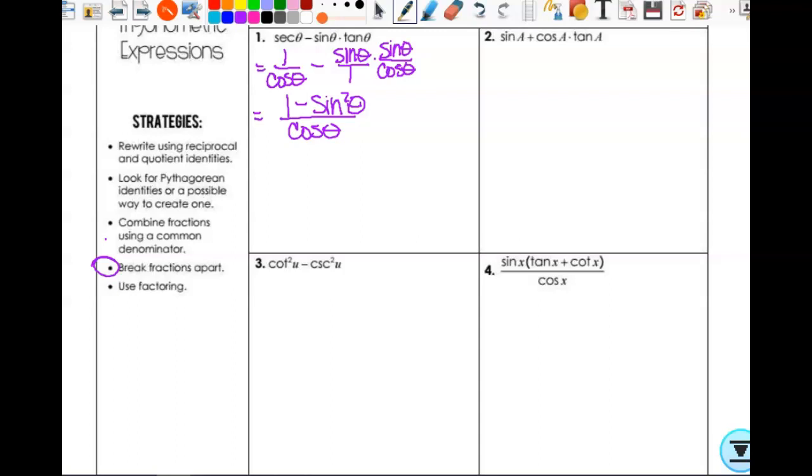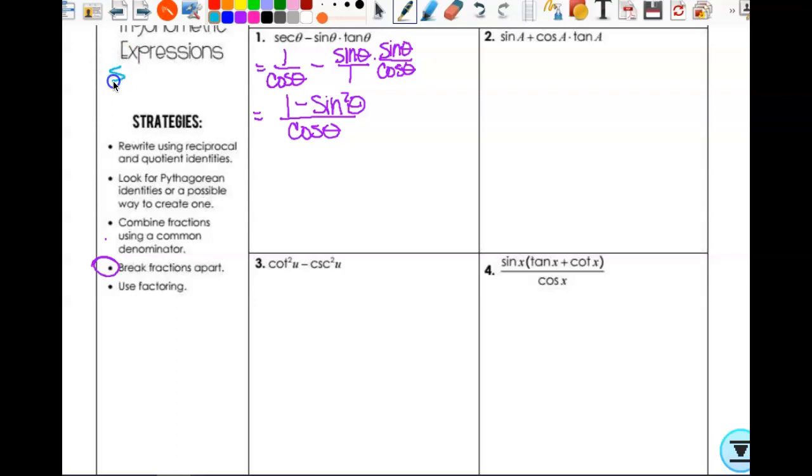Okay, so now I have 1 fraction, but I also have something that's squared. So look at your reference chart. Do you have something on there with sine squared? There's some sine squared stuff down at the bottom. Don't look at that stuff. We're not dealing with that right now. Look up at the top. Does your chart start with sine? Yeah.